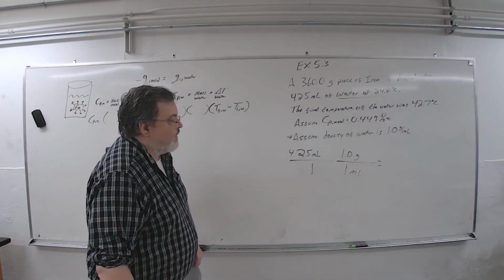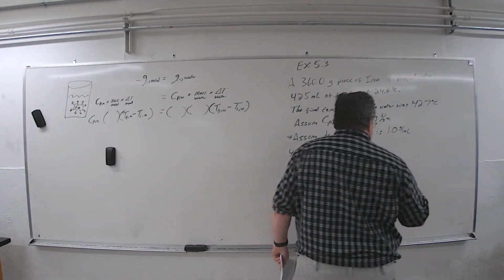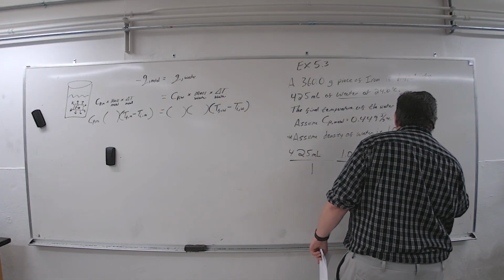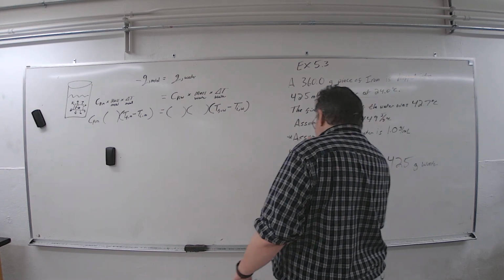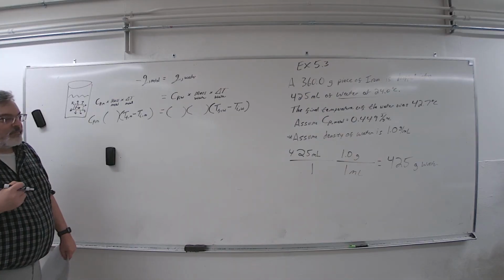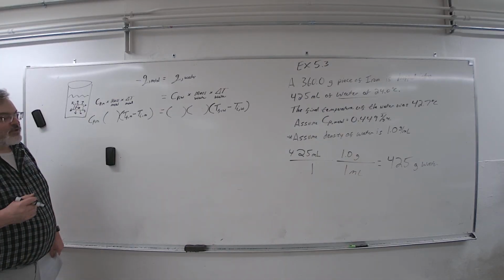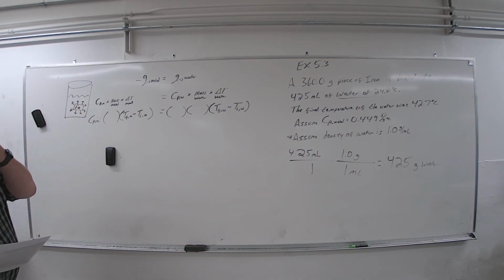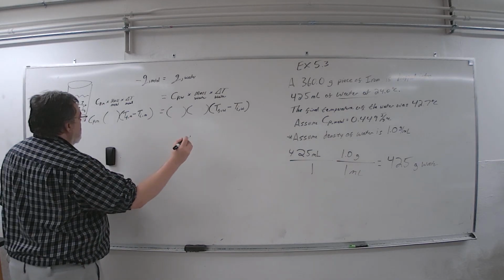It's really 1 to 1, so we end up with 425 grams. Density of water changes a little bit with temperature. I think that's only true at 20 degrees C, but I guess it's negligible enough in this temperature range. But all right, so 425 grams of water.